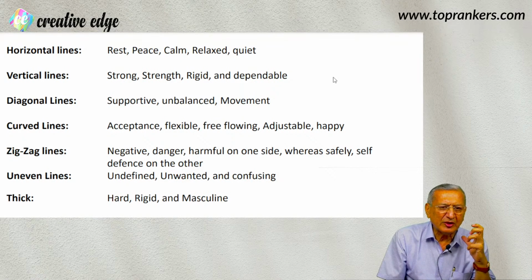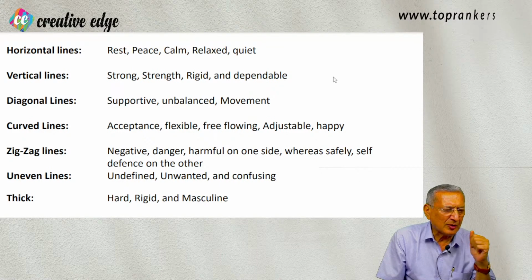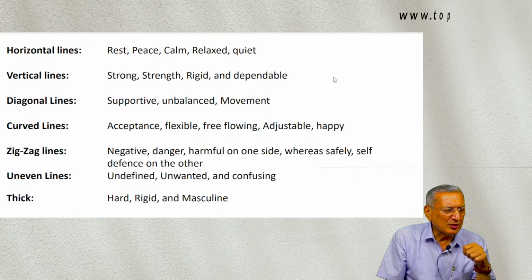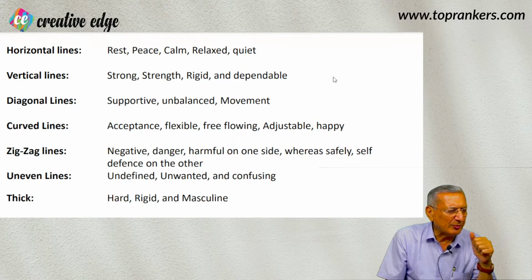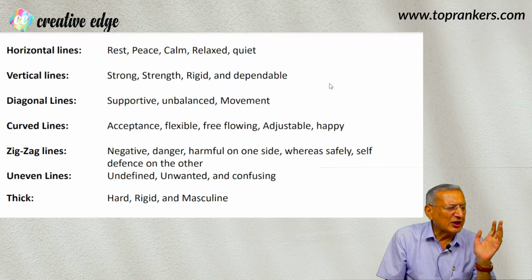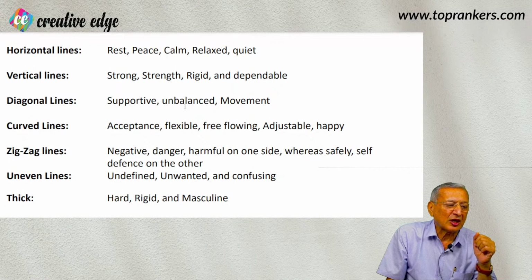Diagonal, whenever we look at a diagonal line, where can you find it out? Maybe on a staircase, maybe on a seesaw in a playground. So the diagonal lines, one way it is supportive, but at the same time, when we talk about seesaw, it gives an unbalance.